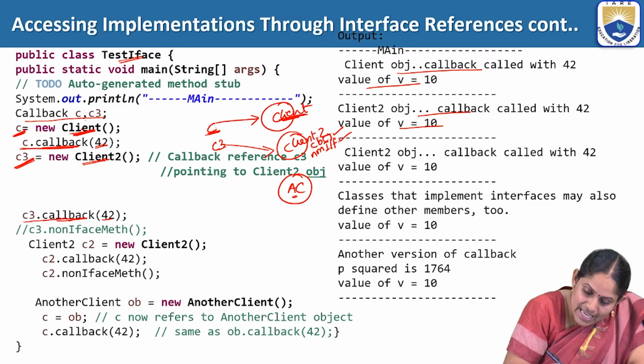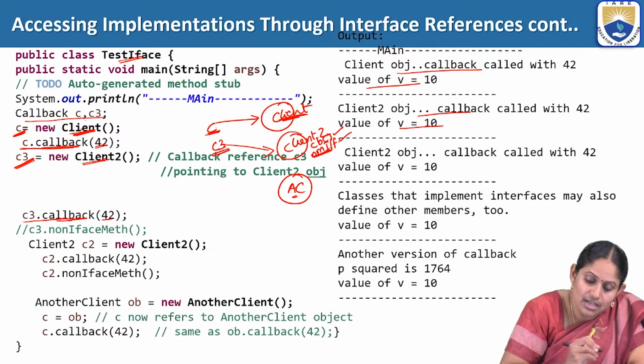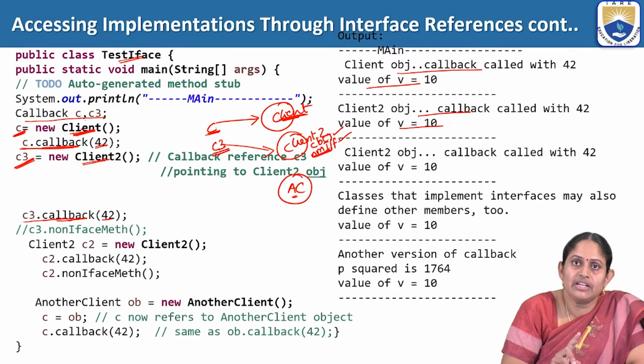Now, since client 2 has a non-interface method also, when we try to access the non-interface method using the callback reference variable, it will throw an error.